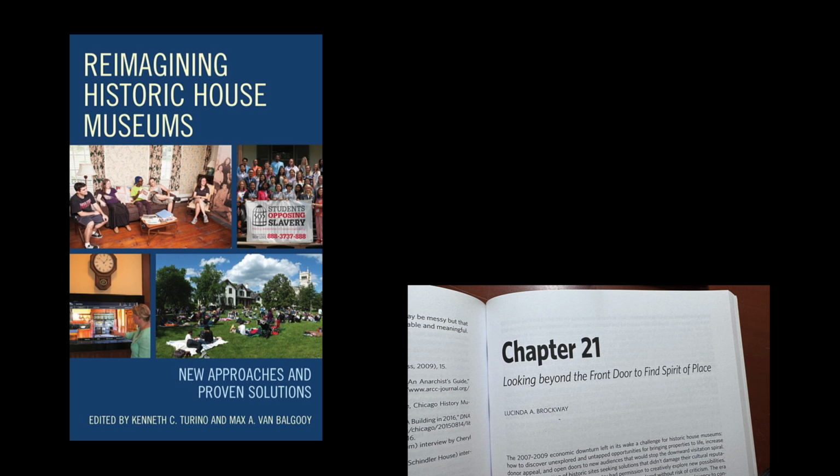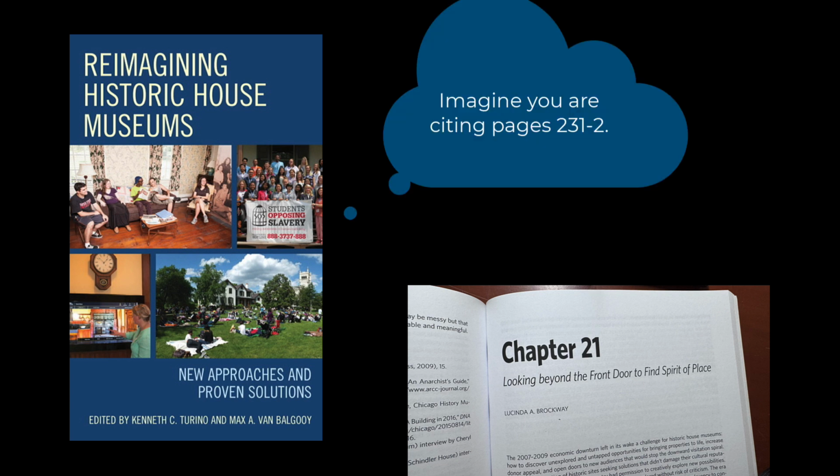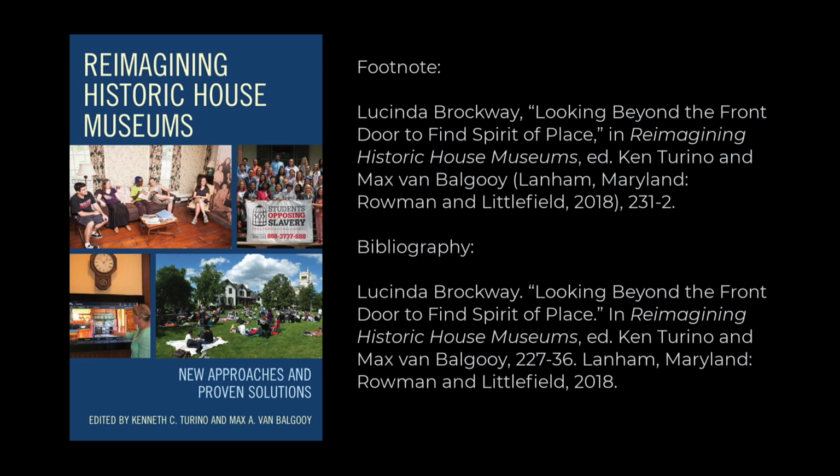The chapter starts on page 227 and ends on 236, and in the writing assignment, we're referencing information that we found on pages 231 and 232. A URL is not needed because it's available in print. So here you'll see the two different citations, one for a footnote and one for a bibliography.